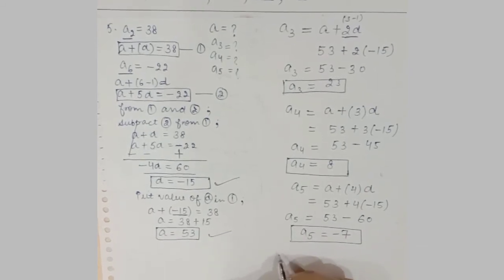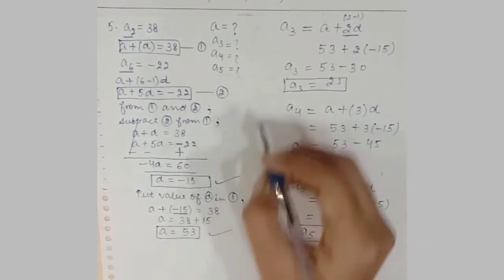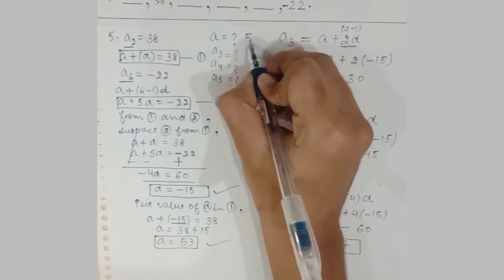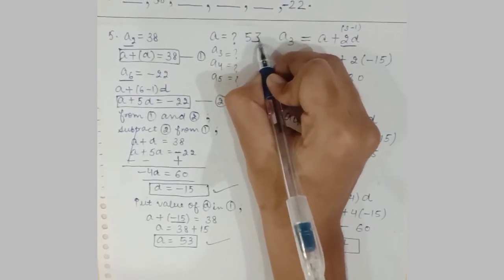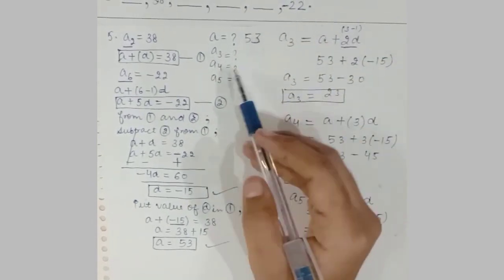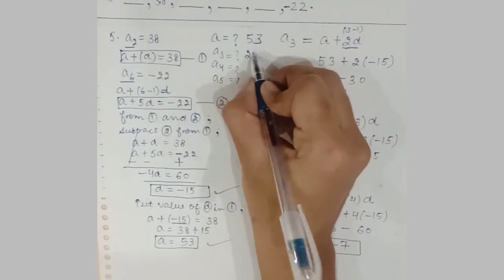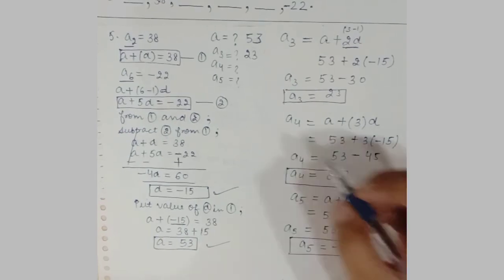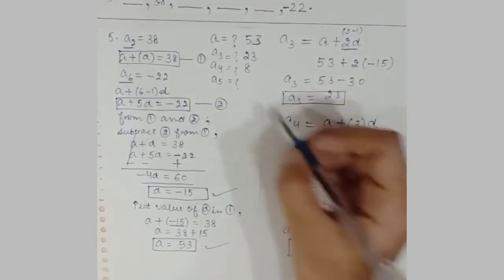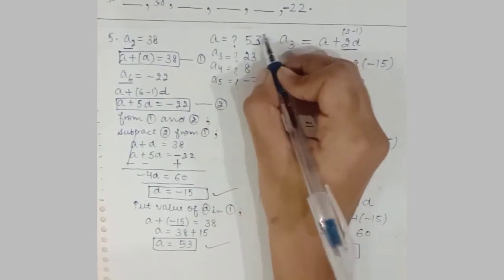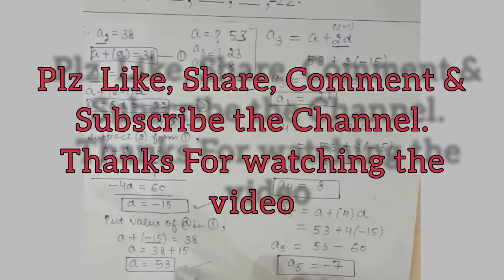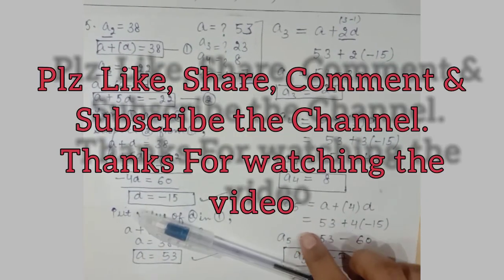Our answer is, first term is 53, third term is 23, fourth term is 8 and fifth term is minus 7. This is our answer. Hope you understand these questions.